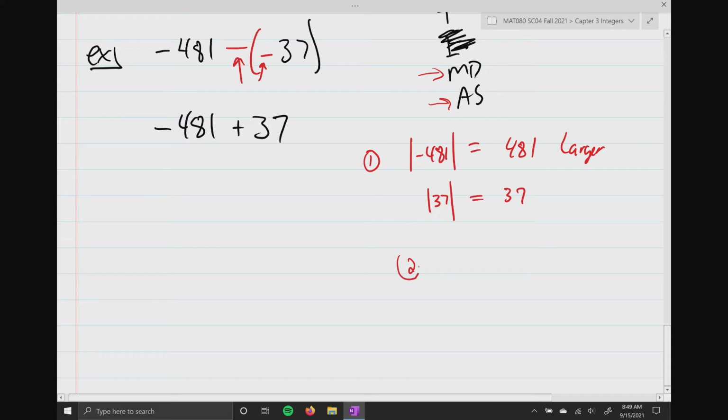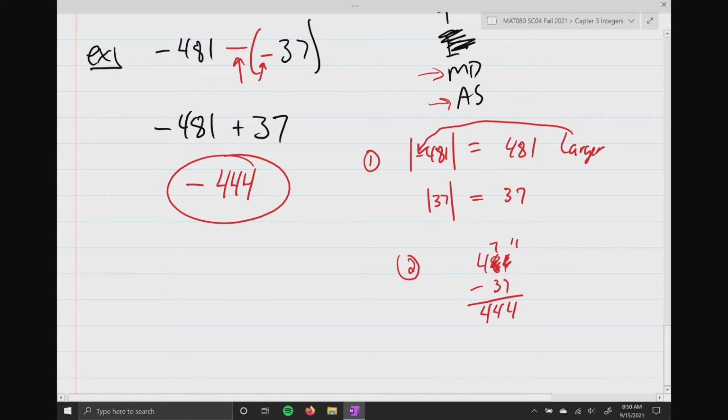Step 2, we're just going to do 481 minus 37. I need to borrow. 11 minus 7 is 4. 7 minus 3 is 4. 4 minus 0 is 4. And I keep the sign of that larger value. Well, the sign was negative inside the absolute value. So my answer is negative 444. Does that make sense, everyone?